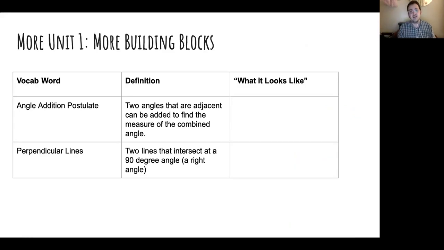All right, another situation that we run into is called the angle addition postulate. So what this basically means here is, let's say that I have 2 angles. So let's say that I have a 30-degree angle and a 35-degree angle.